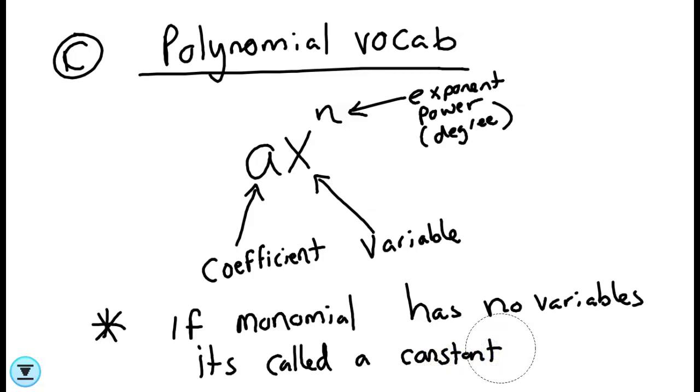So for instance, 10 is a constant because it's just a number with no variables. But if you put an x next to it, now it's no longer a constant. Now it's just a monomial. But if there is no number, if there's no variable next to it, then we call that a constant monomial. All right? So there's some basic vocabulary for you guys and reminding you of what polynomials are.